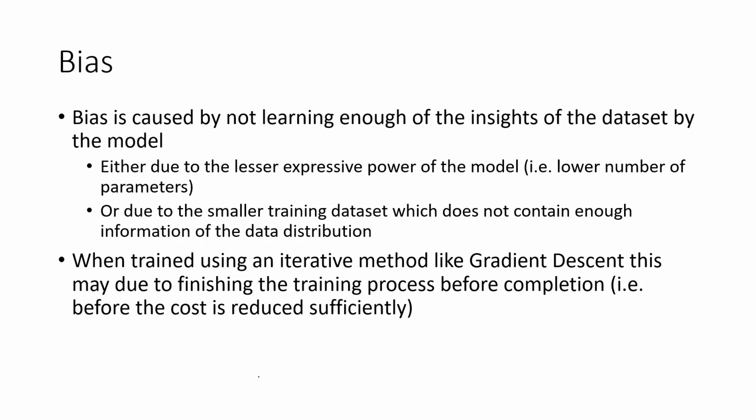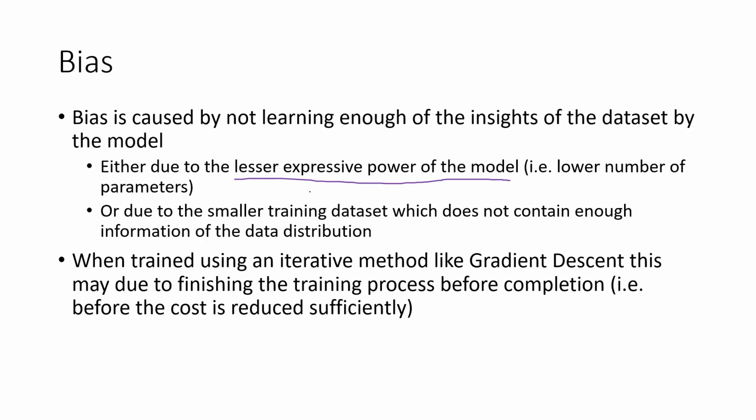Because it has a lesser amount of parameters, and it is not that capable of fitting well, it is known as less expressive power of the model, right? Lesser expressive power means it cannot model the complexities in the data set. That is the problem with bias.